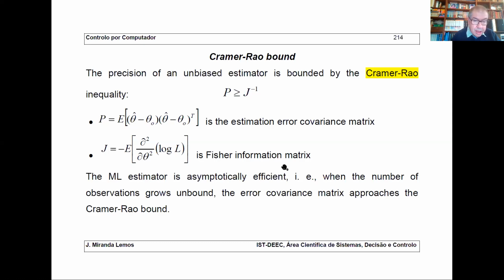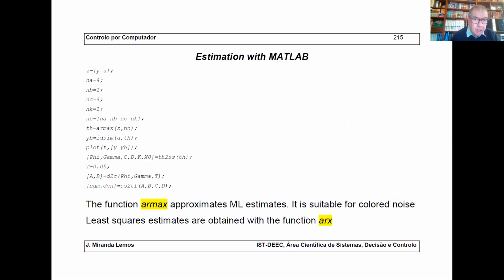So this means that there is a limit of precision of your estimator that you cannot improve beyond a certain point. In several cases, this is not exactly zero. Okay, now, the previous example is a very simple example.